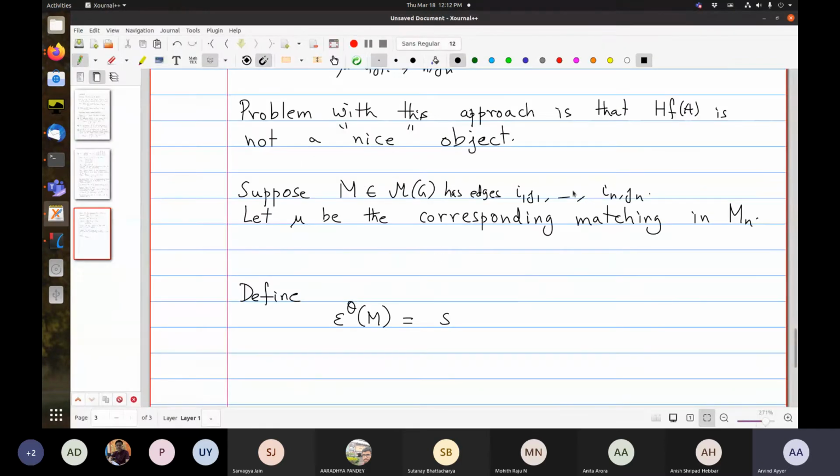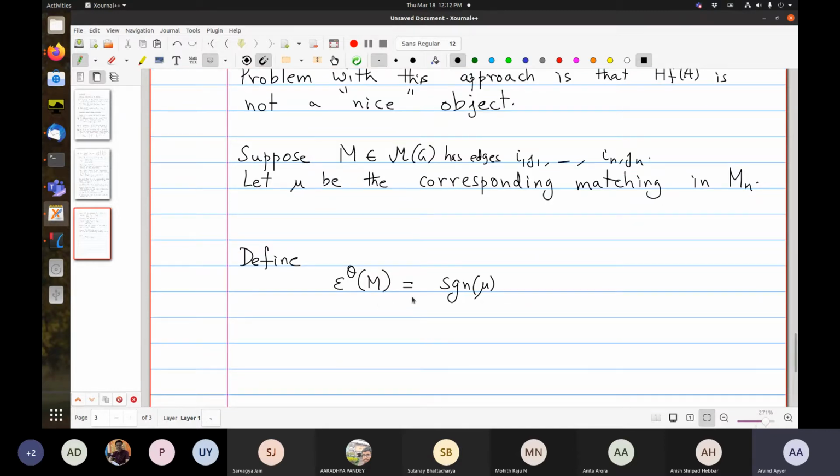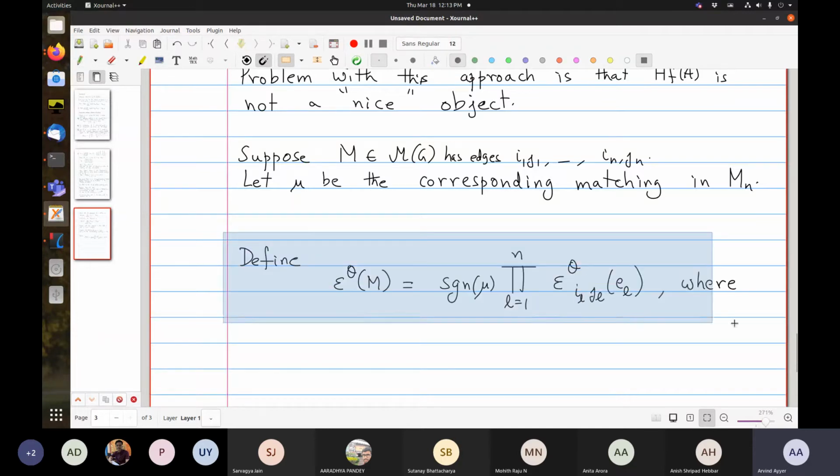You think of this as a matching, and what we are going to do is define the sign of the matching as sign of mu times the product over l equals 1 to n of epsilon_O, I_l J_l, of E_l.